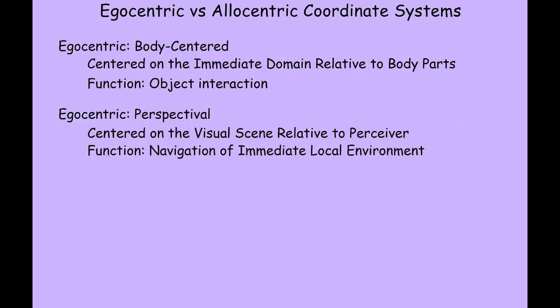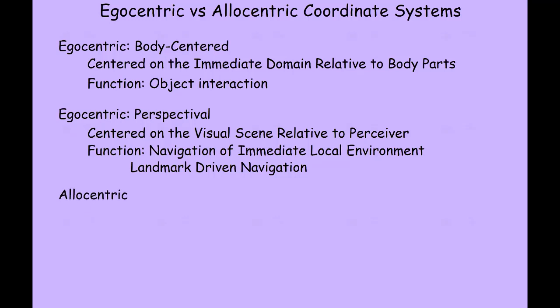And the function here is the navigation in our immediate local environment, the things that we can see directly in our vision, our visual scene, but not just the stuff that we're reaching for or grabbing for or moving around. And so we have landmark-driven navigation, and this is facilitated by this different resolution of an egocentric spatial mapping.